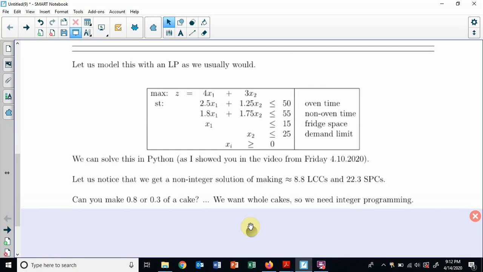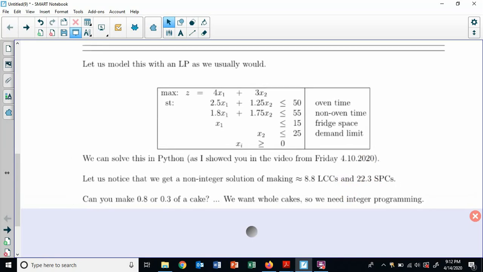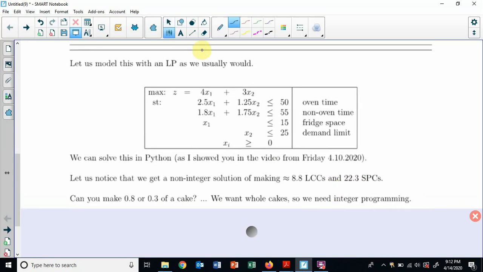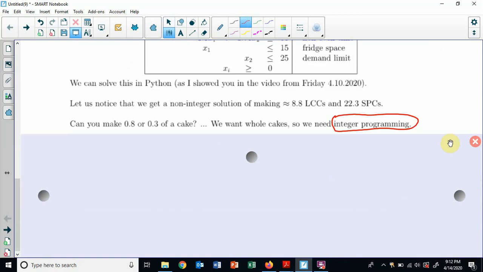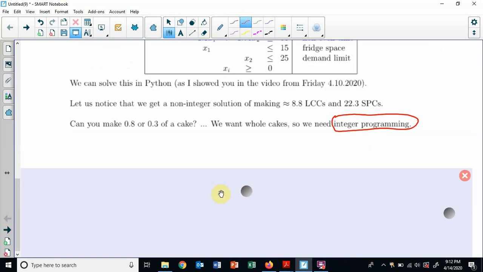So we want whole cakes. This is where we need integer programming, because we want this to be an integer, not a decimal. So any ideas of what to do to handle this? Well, there's a lot of ideas.